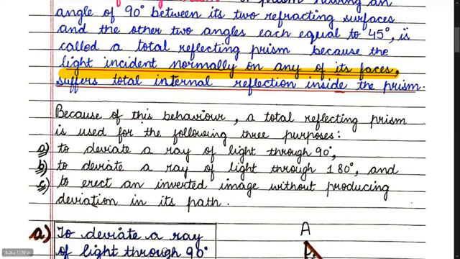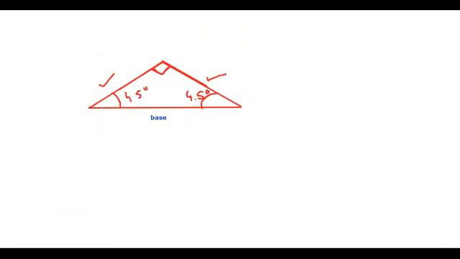the prism. So it means that if the light is incident normally from your first surface of the prism, then TIR will occur. While if it is coming from the second surface, normal incidence, again TIR will occur.